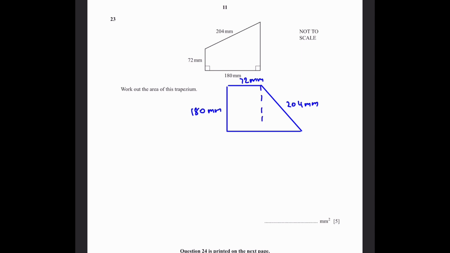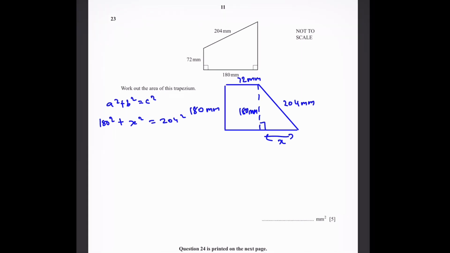This is a right angle, and this is 180 millimeters. So we can find out this side using Pythagoras theorem. So a squared plus b squared equals c squared, and a squared is 180 squared. B squared is, let's take this length as x, that means x squared is equal to 204 squared.